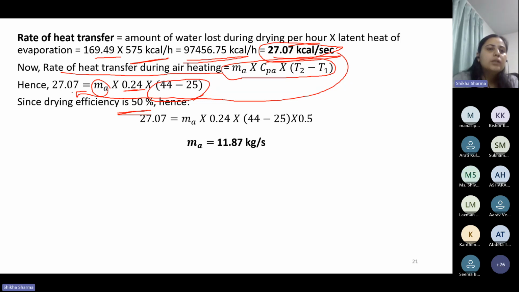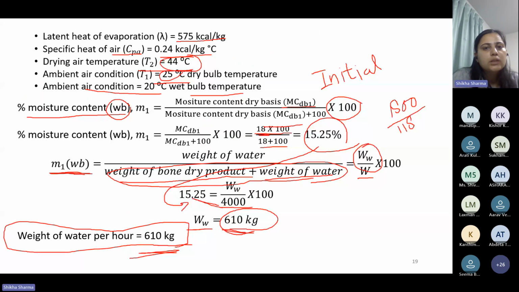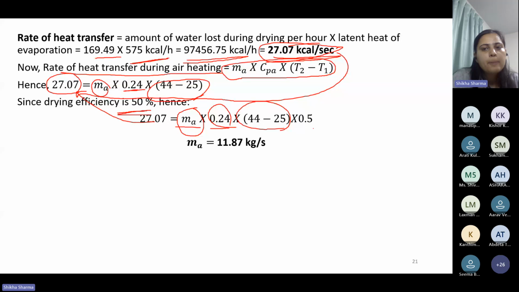So the left hand side is the rate of the heat transfer, which we calculated, 27.07, then equals m mass, which is mass of the air or the air flow rate, which we need to calculate, into Cp specific heat of the air, multiplied by the temperature of the air, which is 44 minus 25, because the ambient air condition is 25 degrees, into 50% of the efficiency of the drying system, which is 50 divided by 100, 0.5.